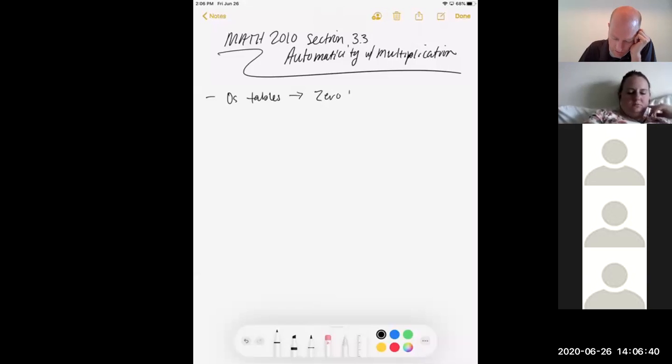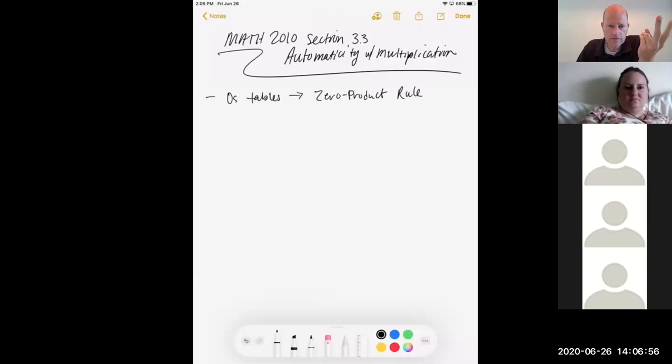Zero product property. Rule. Those are kind of interchangeable. They're synonyms. I think people use the word rule more. Because I'm describing the rule with 2 adjectives, I put a hyphen, so that's why it's hyphenated. The zero-product rule. All right, that's what says that anything times 0 is 0.